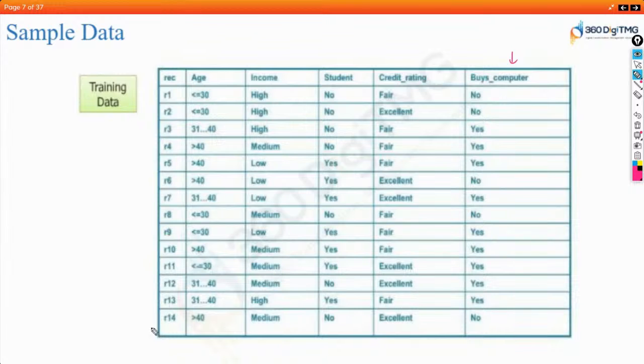So we have 14 records here. We have age, income, student, and credit rating. Given these input factors, we have to try and predict whether the computer will be purchased by the customer or not purchased by the customer, right?